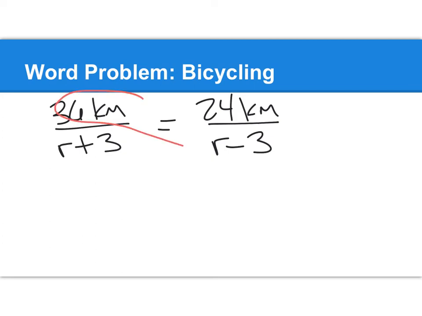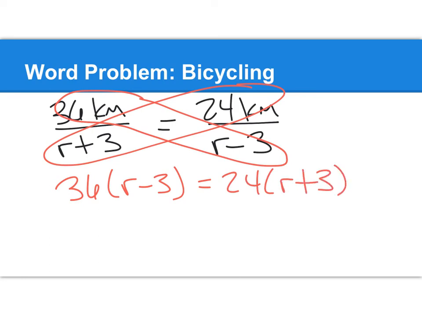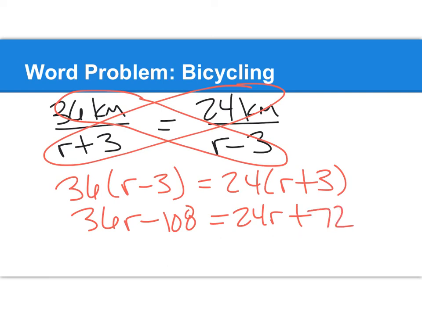We have 36 times r minus 3. And we have 24 times r plus 3. 36r minus 108, 36 times 3 is 108, is equal to 24r plus 24 times 3 is 72.